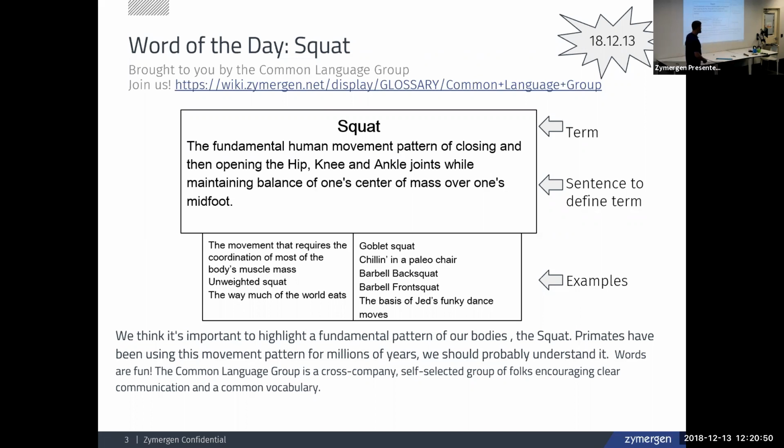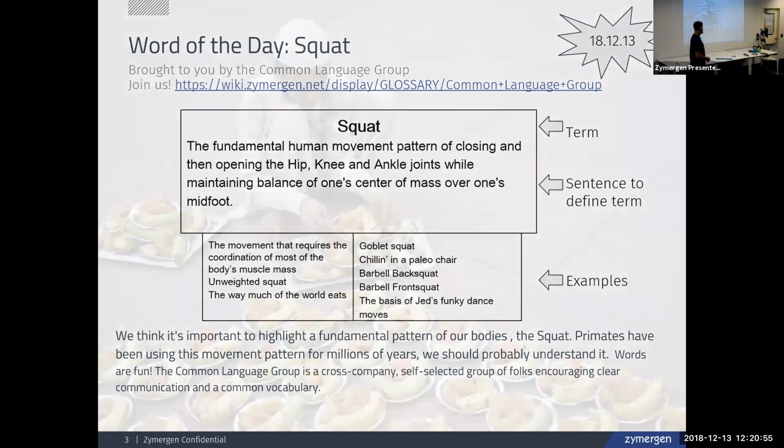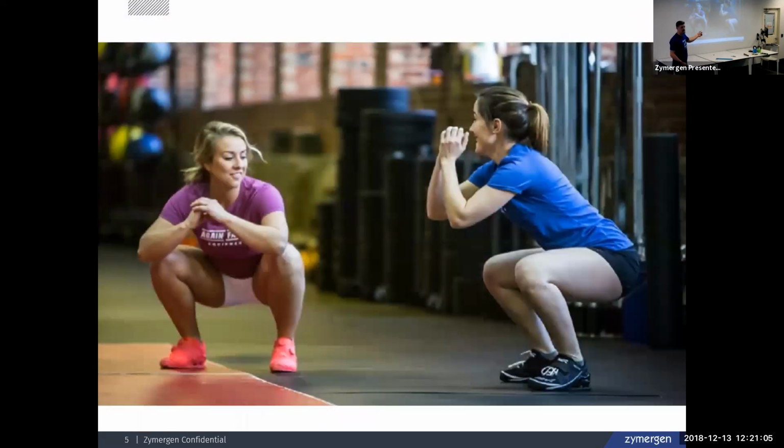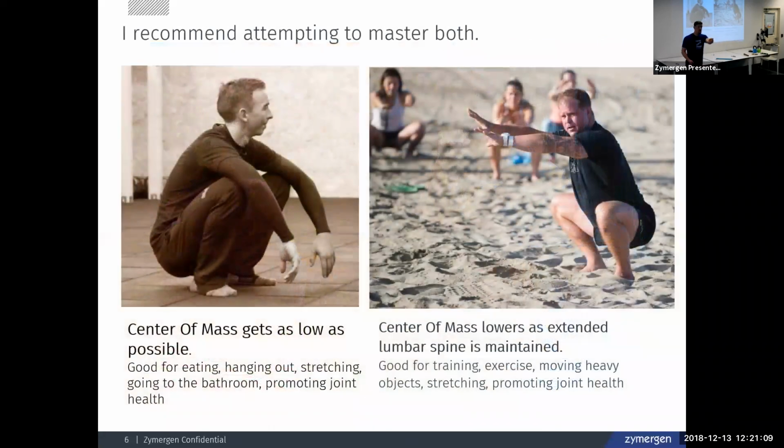And you see basically two different types of squats in the world. The one where people go real low, right, and they're just hanging out and eating or doing whatever, and then the one that looks like this. And I recommend that you practice and attempt to master both.